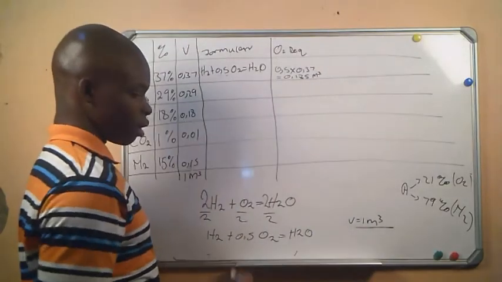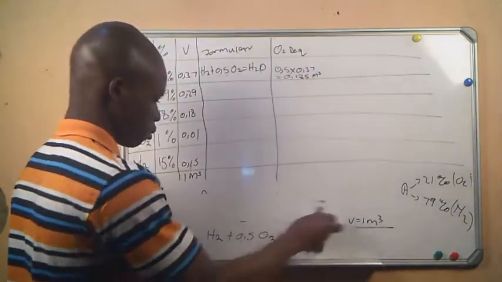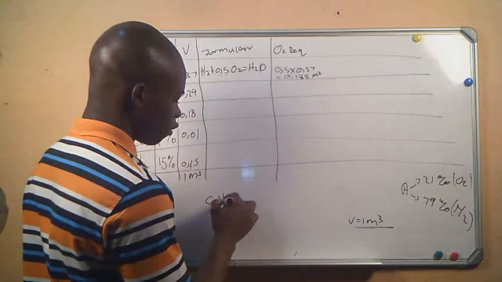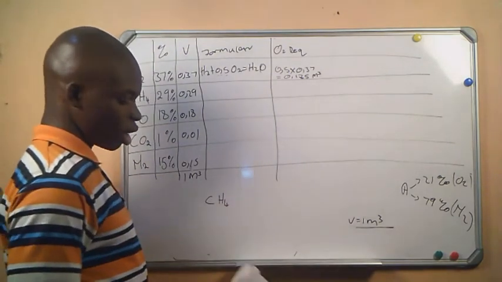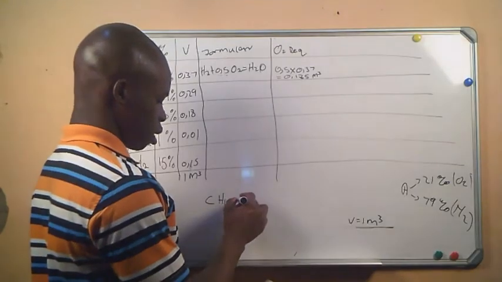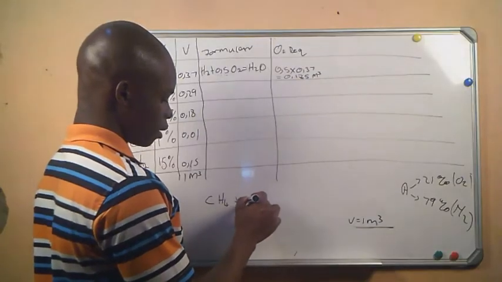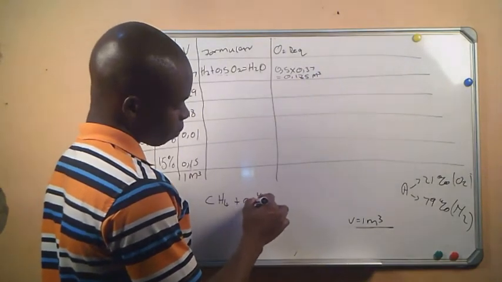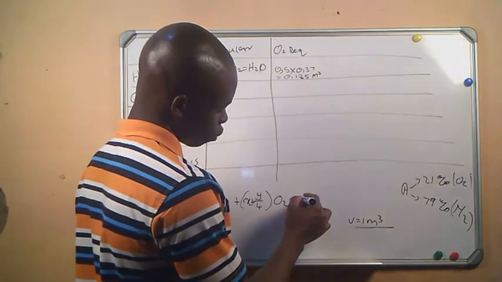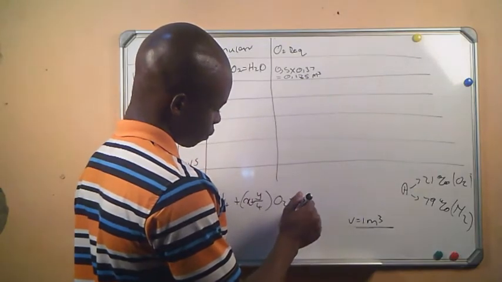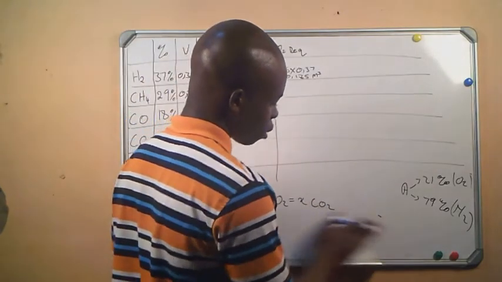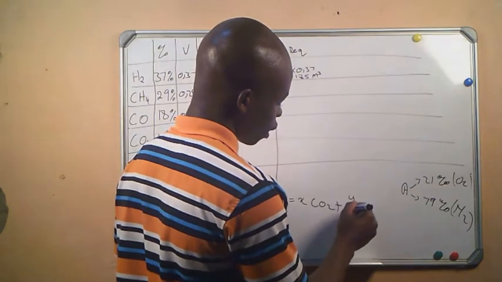And then we move to the next one, methane, which is CH4. We know that the general equation to balance this formula is CxHy plus (x plus y divided by 4) O2 equals x CO2 plus y divided by 2 H2O.